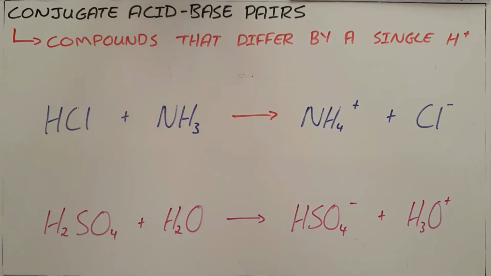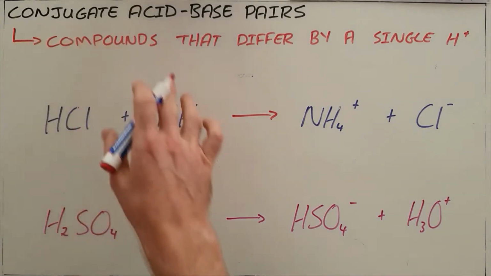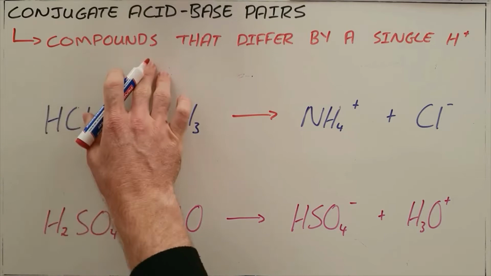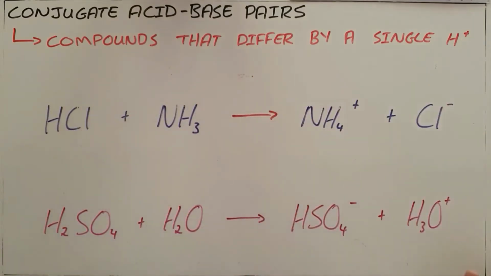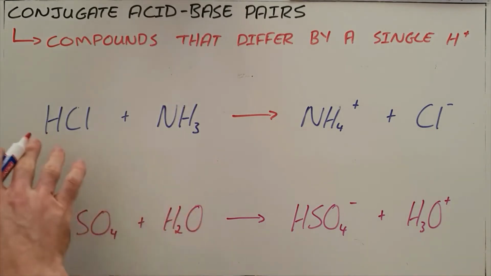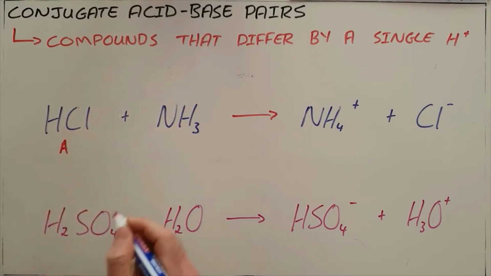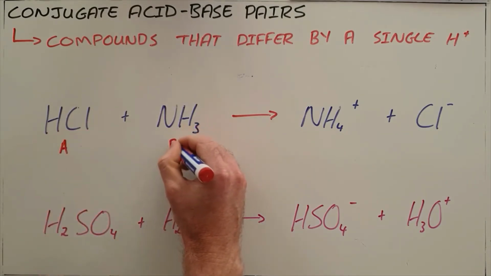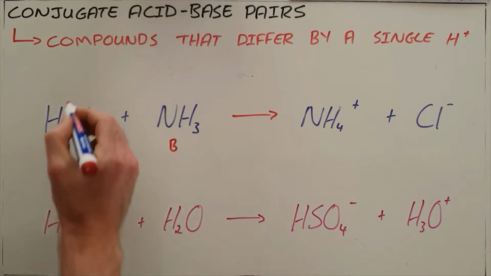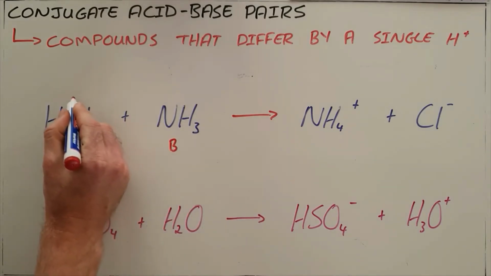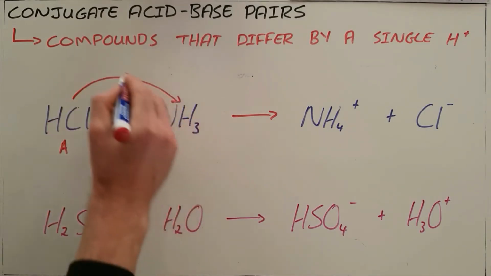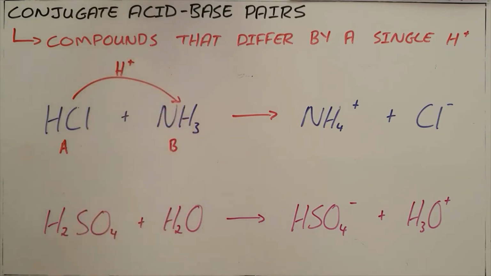The Bronsted-Lowry definition of an acid as a proton donor and a base as a proton acceptor leads to conjugate acid-base pairs, which are pairs of compounds that differ by a single proton, or a single hydrogen ion. This can be seen in any acid-base reaction. Over here we have hydrochloric acid, which is our acid, and ammonia, which is our base, which means that by the Bronsted-Lowry theory, the acid will donate a proton to the base.